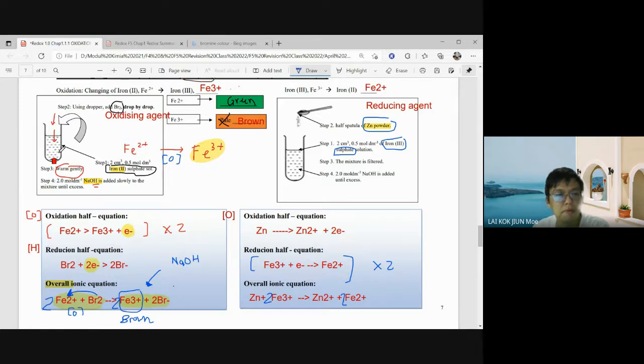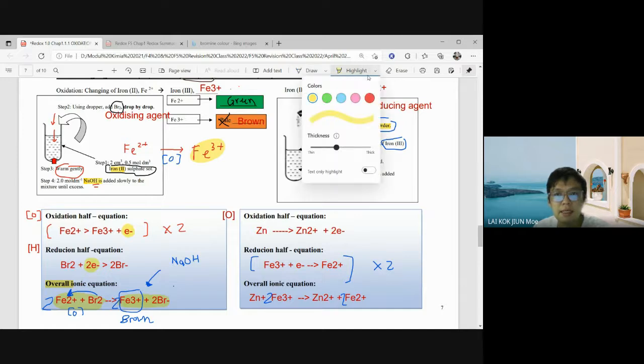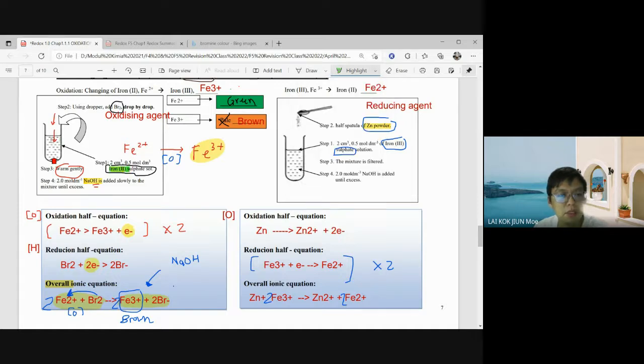So at the first, Jamie, you can see this color. You can see this is actually green color because it's 2 plus, so the whole thing actually is green color, Jamie. But slowly you add in the bromine, you want it gently. After that you put a little bit of NaOH inside, you will see no more green color.